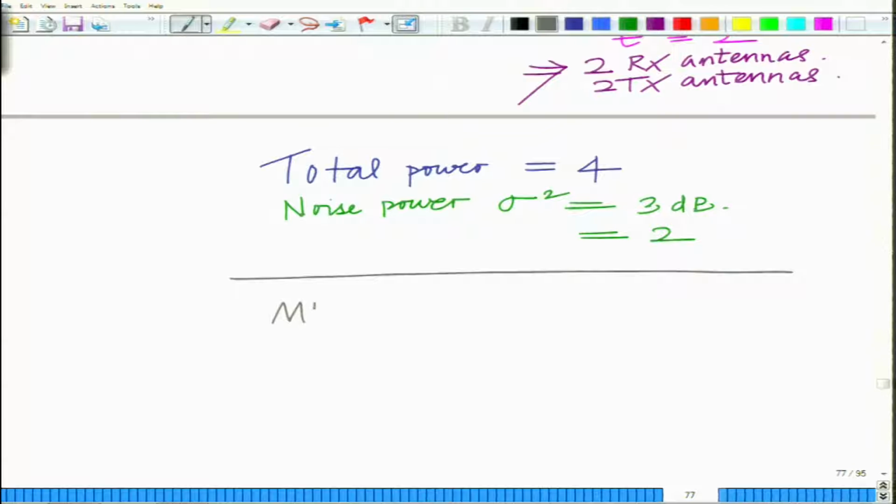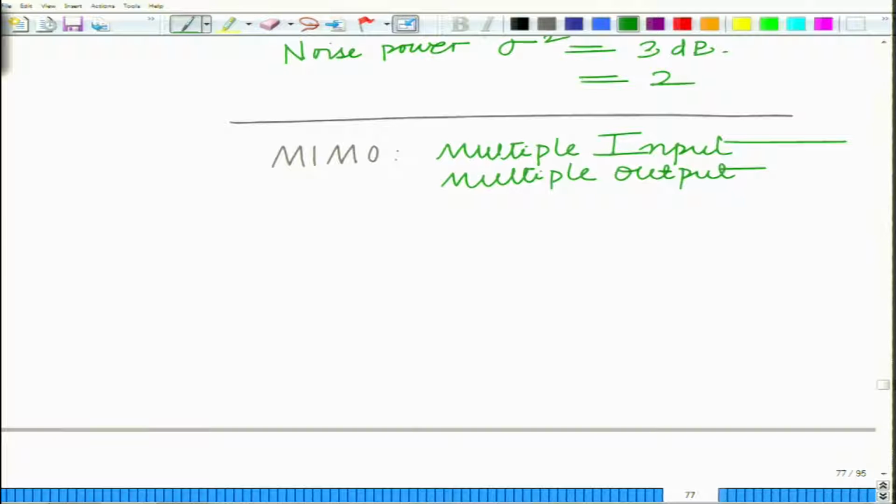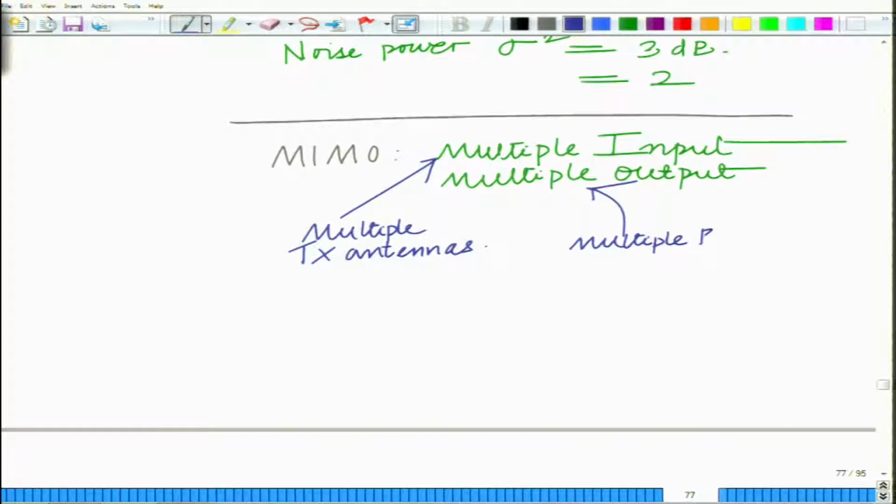Remember, MIMO stands for multiple input multiple output system, which means that basically you have a wireless communication system with multiple transmit antennas and multiple receive antennas.